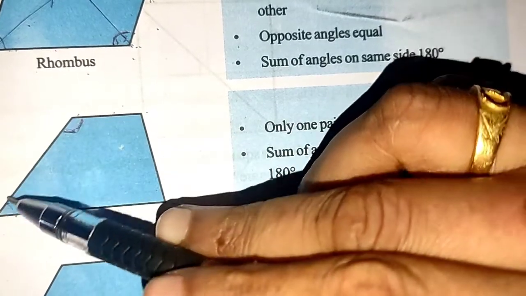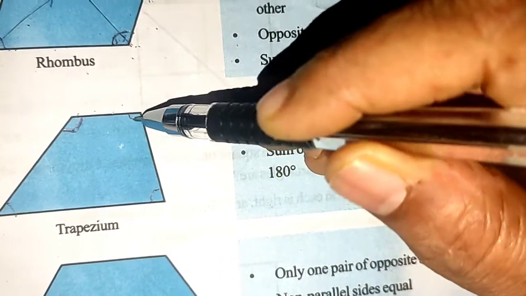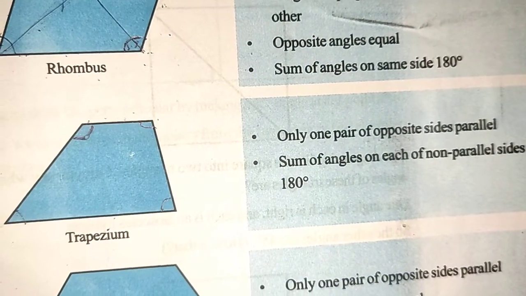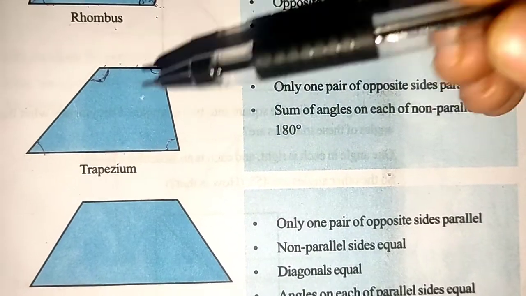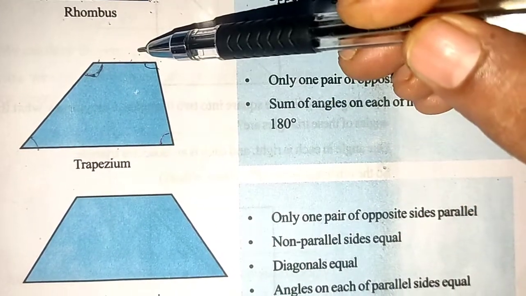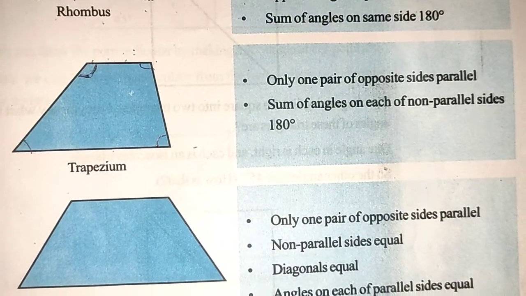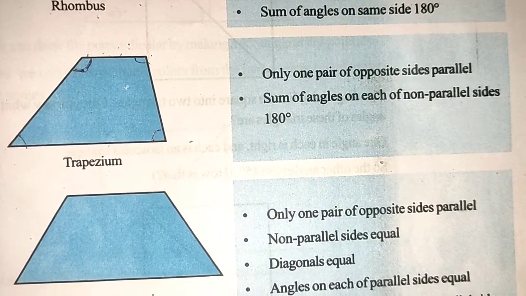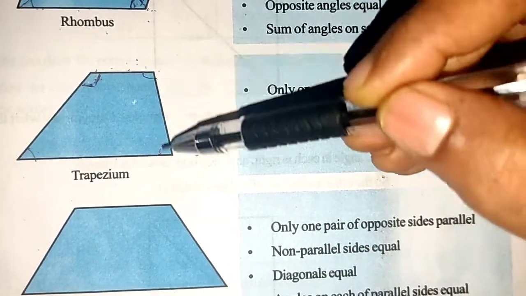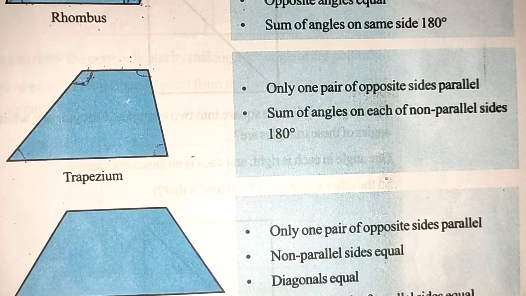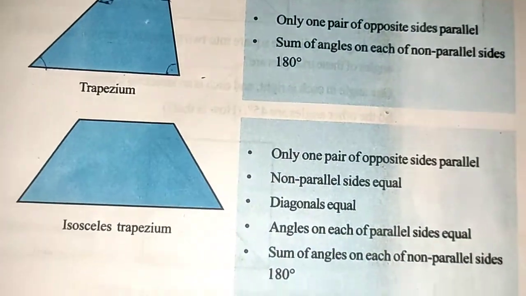That means the sum of these two angles is equal to 180 degrees. Similarly, the sum of these two angles also equals 180 degrees. So the specialities of a trapezium are one pair of opposite sides parallel, and the sum of angles on each non-parallel side is 180 degrees.